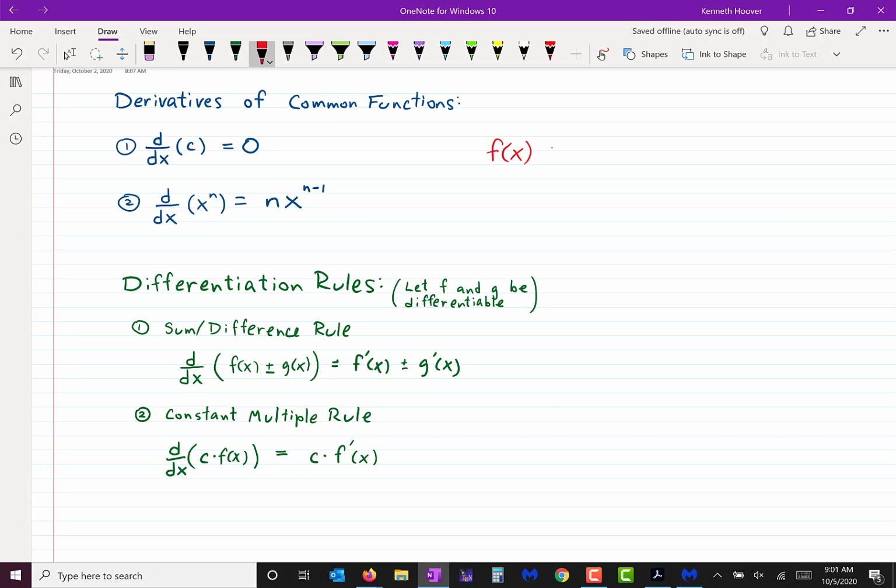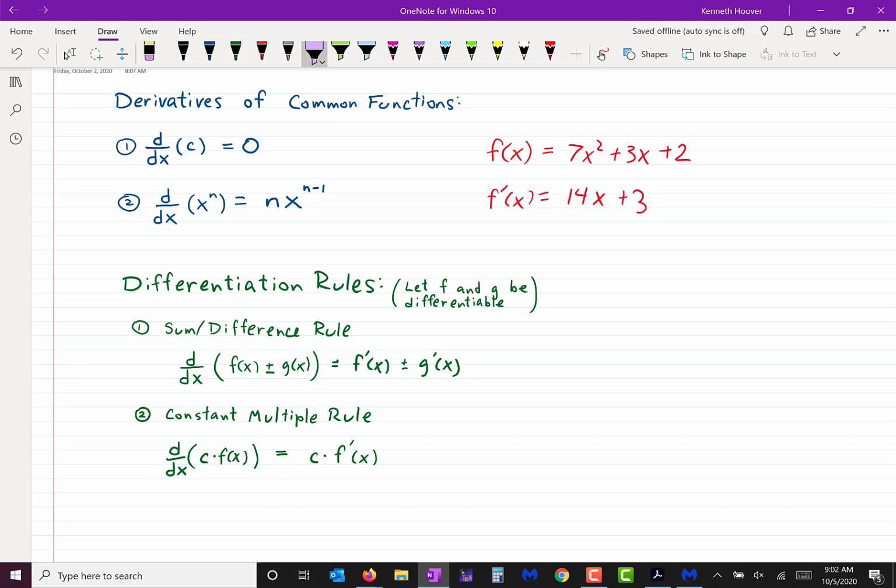I think it was 7x squared plus 3x plus 2 or something very similar. Let's just go with that. And really quickly I told you that the derivative was 14x plus 3. How did I get that so fast? Well, I used these four rules. And here's how I did it.